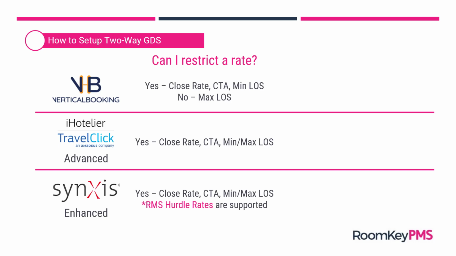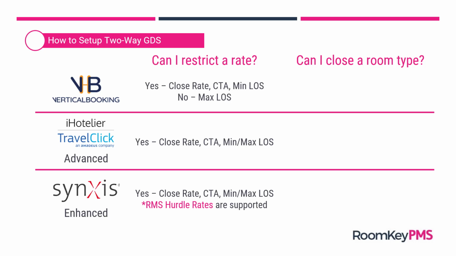So speaking of some of these restrictions, we've talked about the restrictions that you can apply to a rate plan when it relates to these different connectivity partners. But you may be wondering if you can close a room type, meaning if you are getting close to selling out of a particular room type and you'd like to close off your inventory, wondering how you might be able to do that.